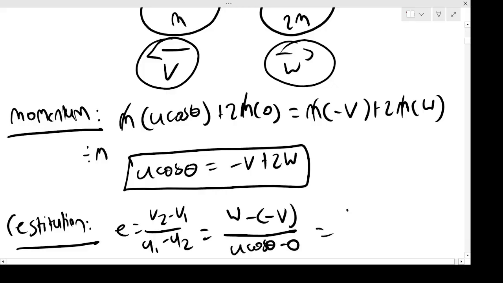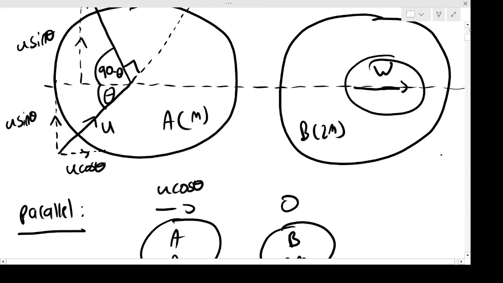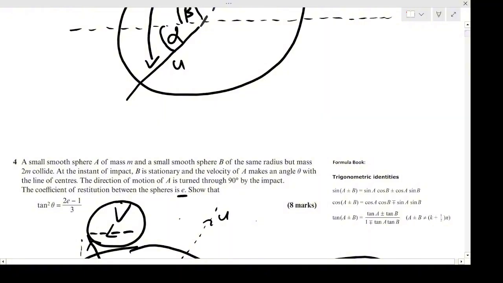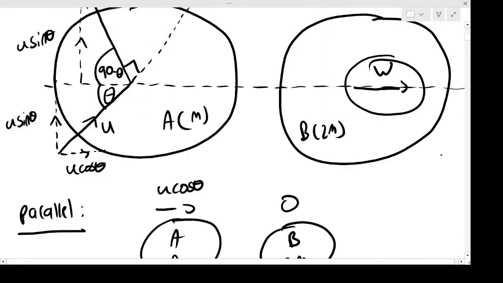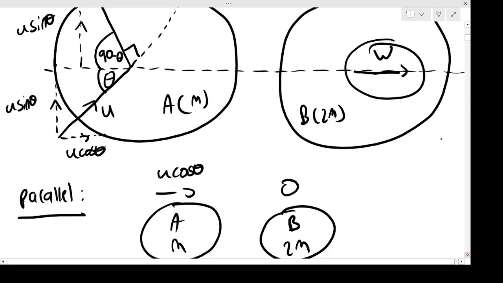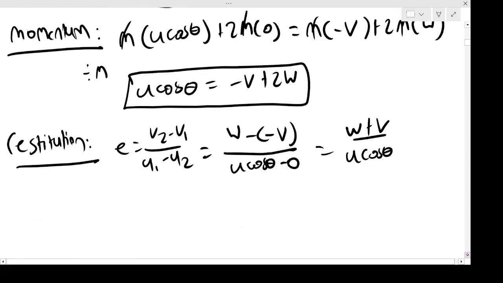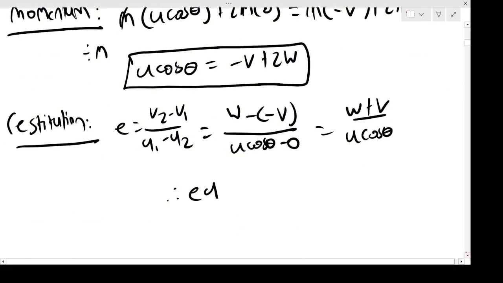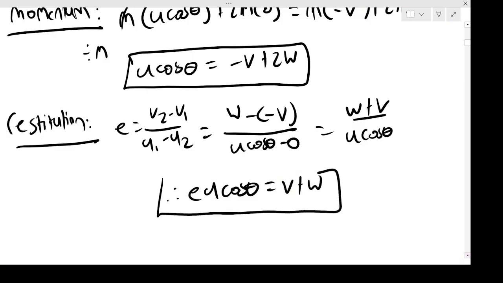So that simplifies to W plus V over u cos theta. I'm not told what E is, just that it's E, not a number, so I'm going to make this equal to E. Therefore, eu cos theta is V add W. That's my second equation.